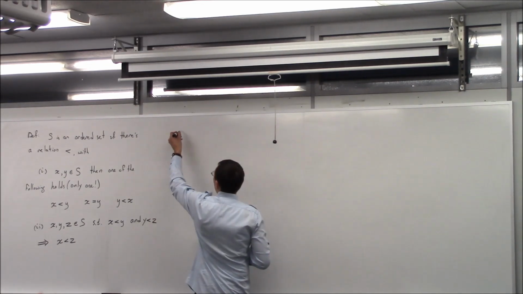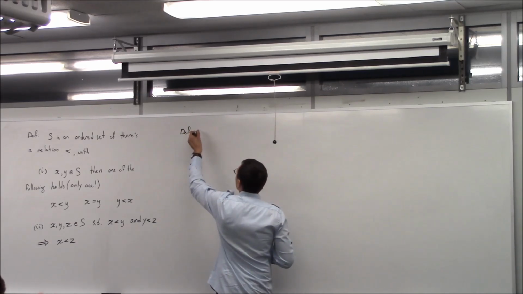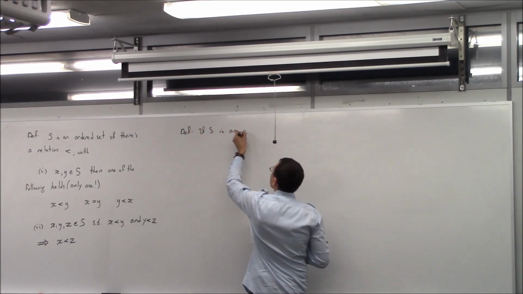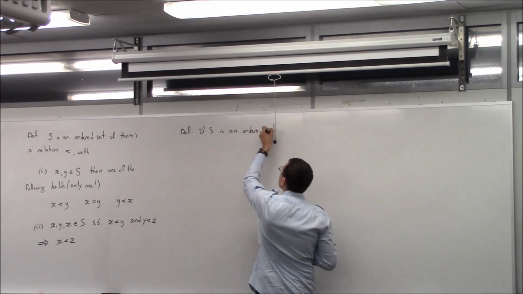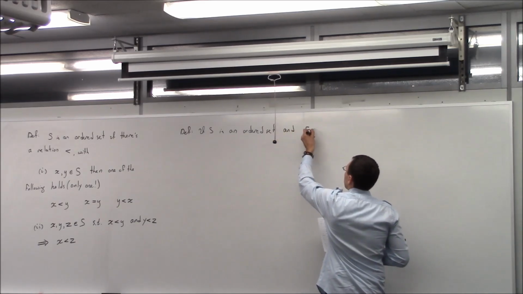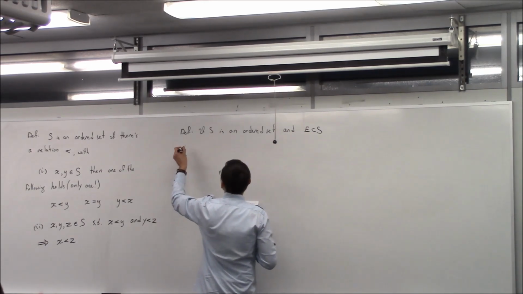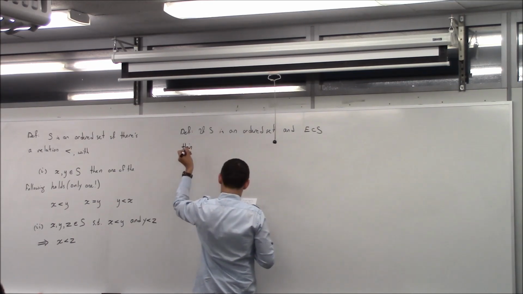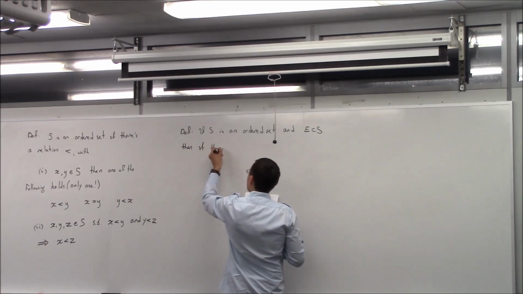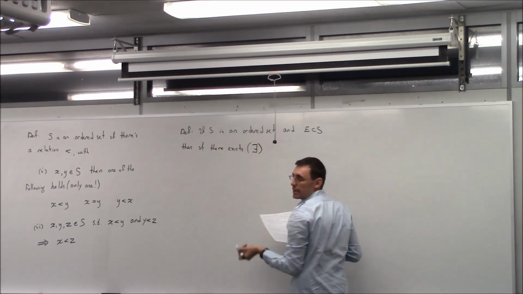So another definition that we want to make is that if S is an ordered set, and we have a subset E, then if there exists, that by the way is written using this symbol, so that means there exists. Okay?